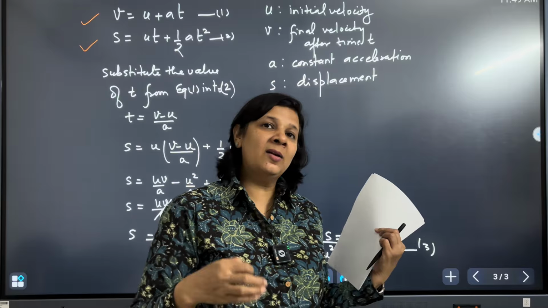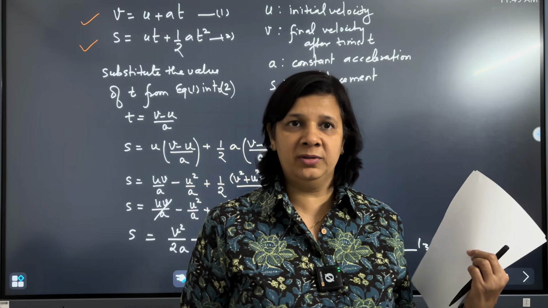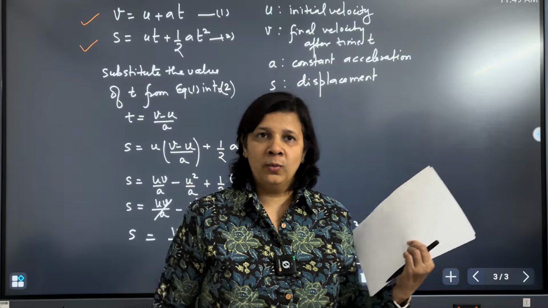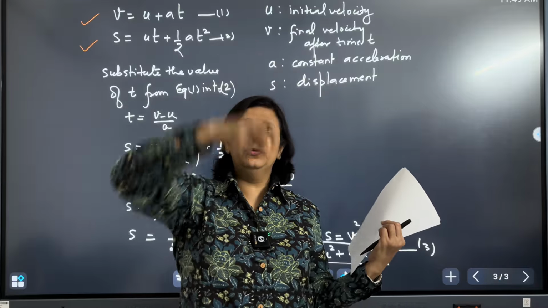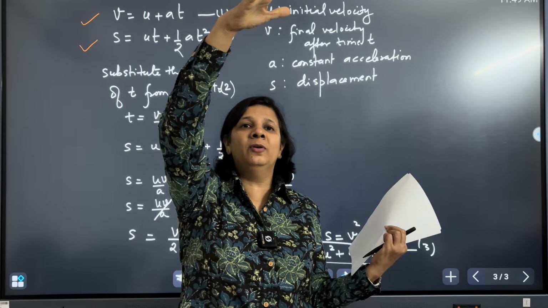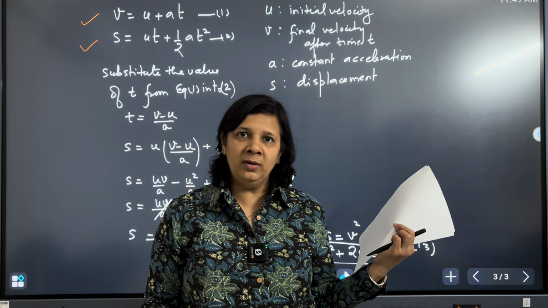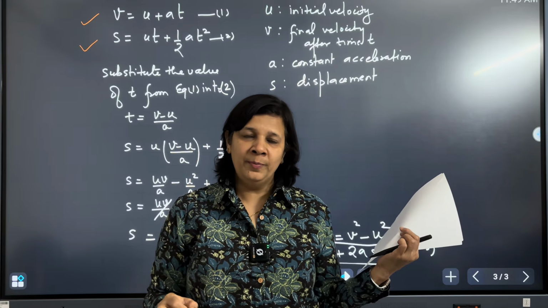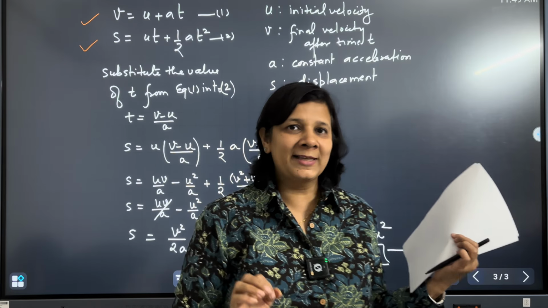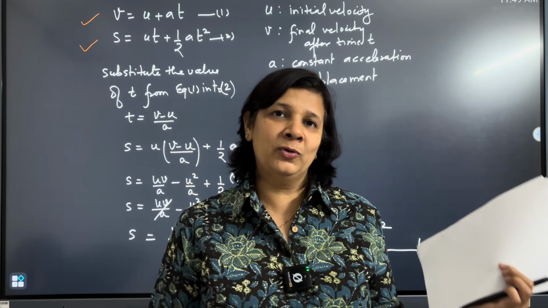These equations are also valid for vertical motion, for free fall problems. Why? Because in free fall, for example, if I have a ball and I leave the ball, what is the acceleration of that ball? The acceleration of that ball in free fall will be acceleration due to gravity, which is also constant.